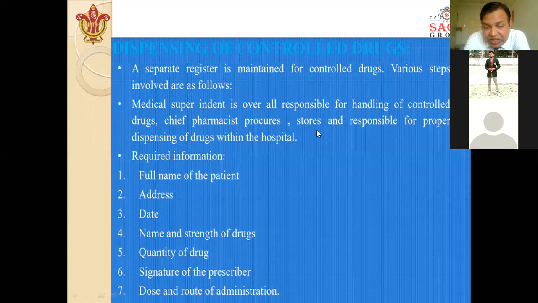This is very important. The prescriber's signature must be present in your record, because you can't distribute these drugs directly to the patient, as they come under the control category. Now, dose and route of administration must also be mentioned in your record.